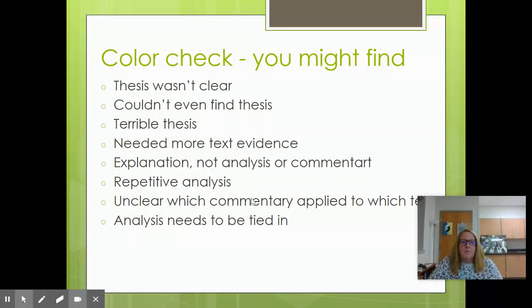Maybe you have explanation where you should have analysis or commentary, like maybe you're just paraphrasing the quote, but you're not analyzing it and you're not explaining or commenting on how it proves your thesis. Maybe your analysis is repetitive, and some of that is okay to an extent because you are going to keep going back to prove your thesis.